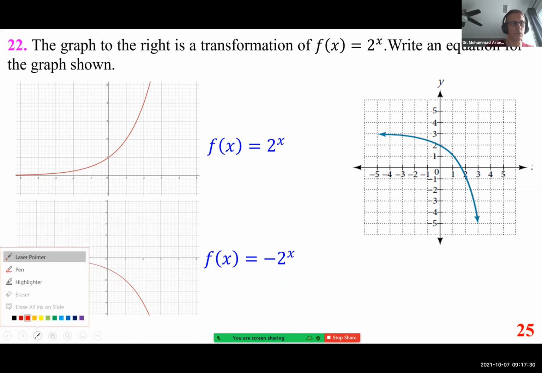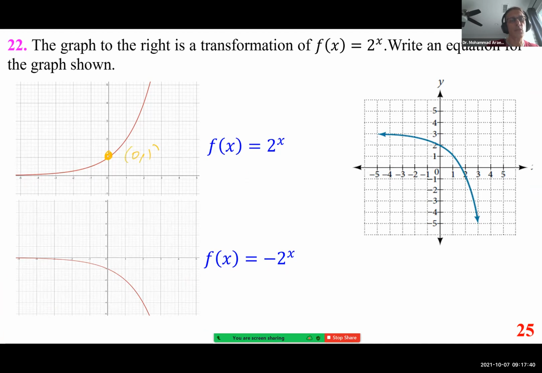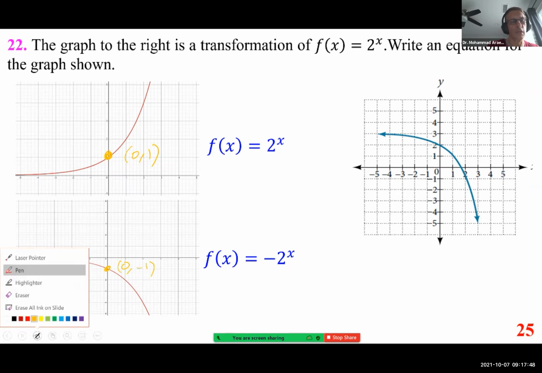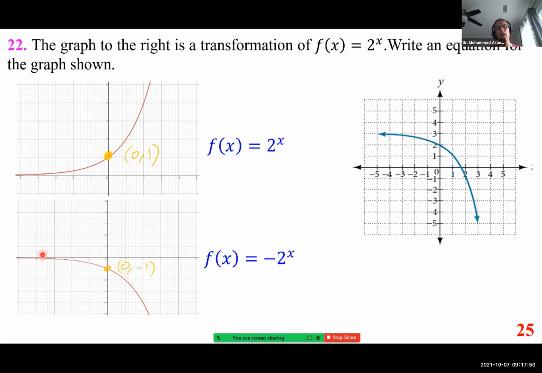So let's write this. This one has a y-intercept of 0, 1, whereas this one has a y-intercept of 0, negative 1. When you compare these two, you notice they are practically the same, but it has been shifted up.